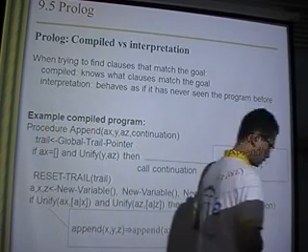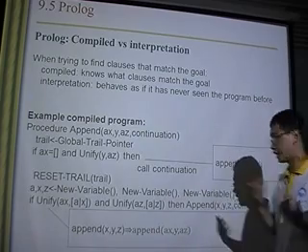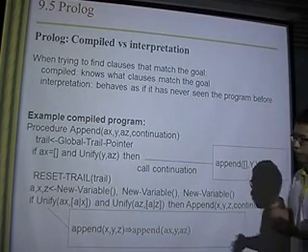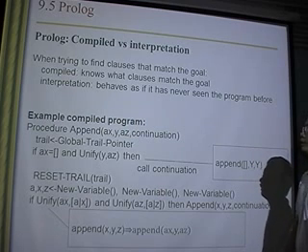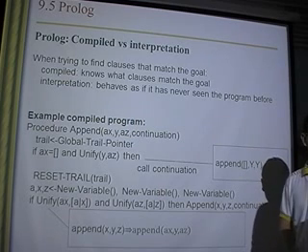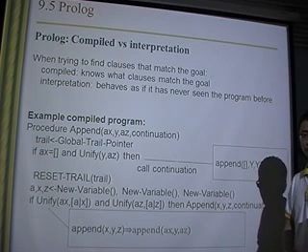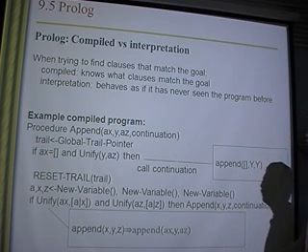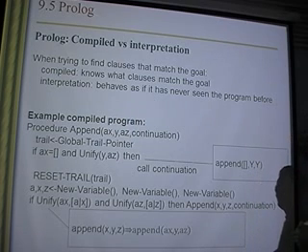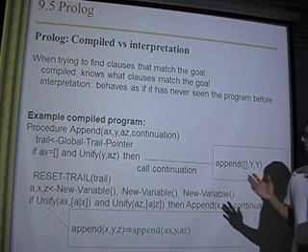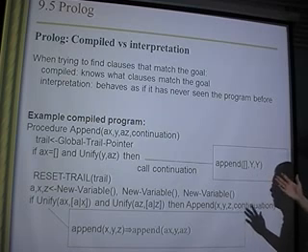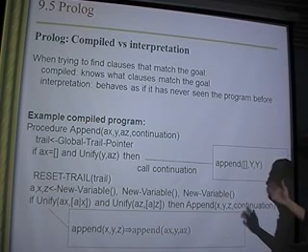And what are some advantages of compiled mode over the interpretation mode? Of course, we usually see that in interpreted mode, the interpreter of Prolog acts as if it has never seen the program before.